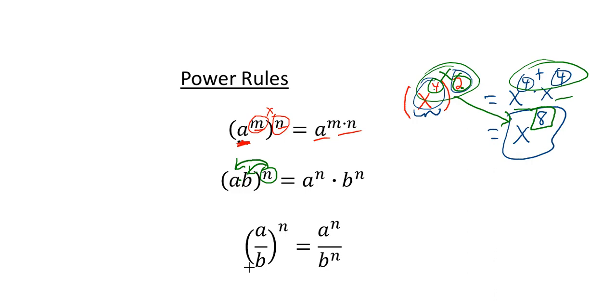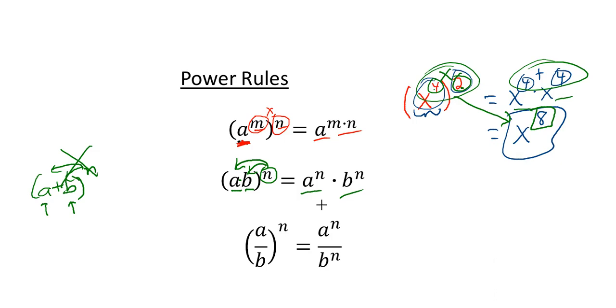This rule does not work if you're adding the two together. So if you had a plus b to the n power, you cannot distribute the exponent to those two things. Those are called terms, right? If you're adding two things together, those are terms. You cannot distribute the exponent to terms. You can only distribute them to factors, to things that are being multiplied together, right?